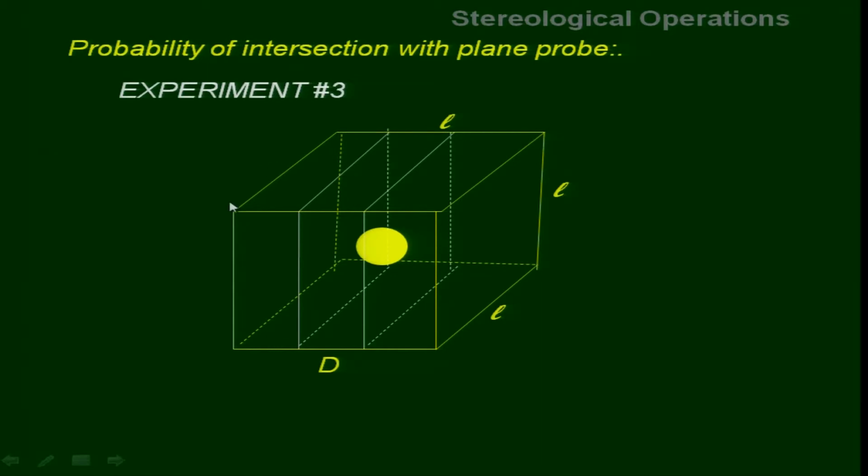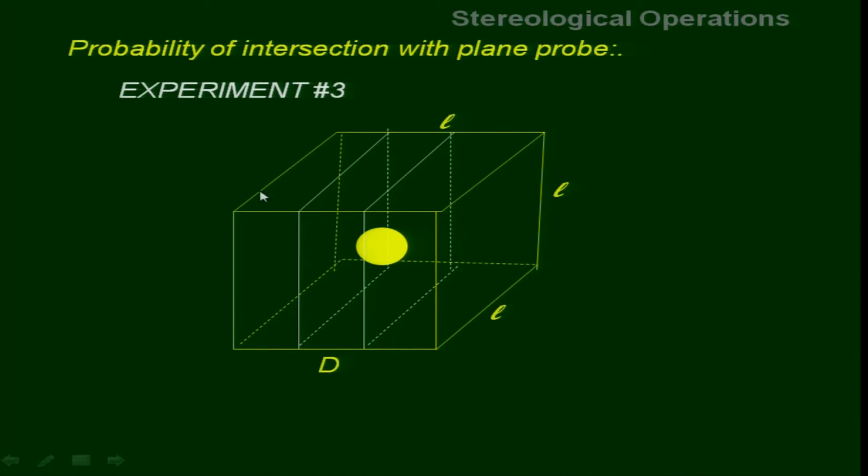So, I could make a cut here, here, or here, and it is a randomly placed cut. The question of probability here is, what is the probability that a random cut will cut this spherical particle?